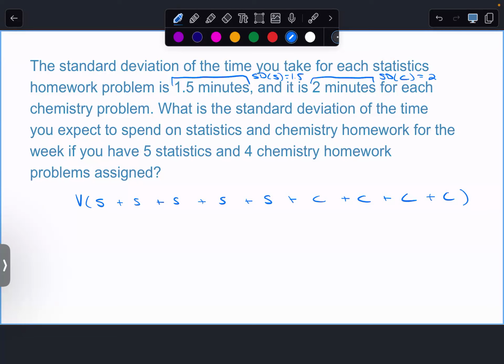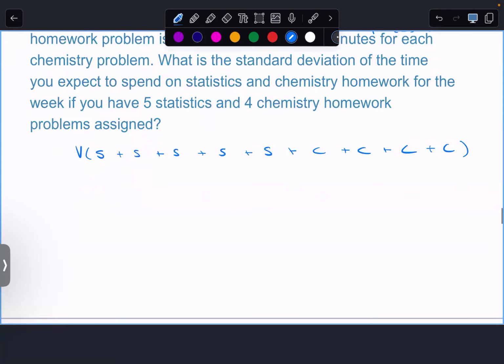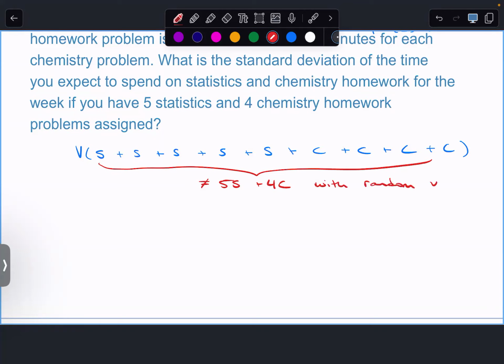And that's where I don't like it. It does not equal 5S plus 4C with random variables, which is why I should have cut it.